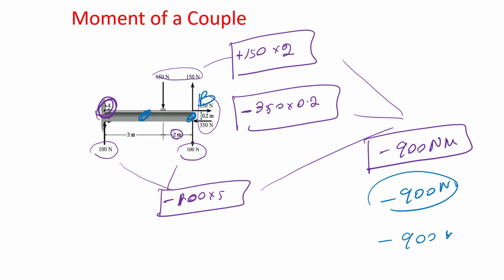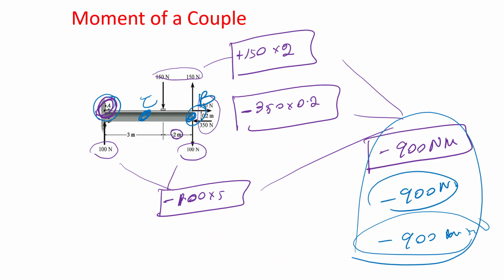So that's the easiness of the couple moment. Regardless of which point you are taking the moment about, your couple moment will remain the same. Even if I ask you about A, B, C, or whatever the point, if you only have couple moments, the moment created by a couple is the same, so that won't change. Make sense? Are we good?